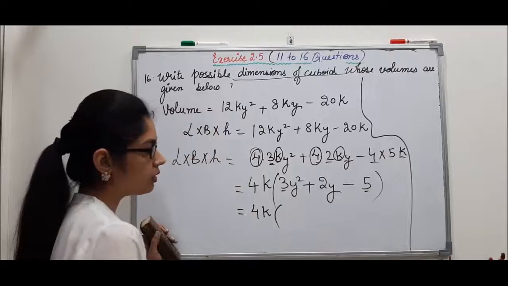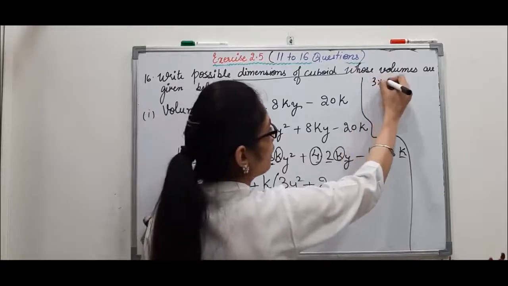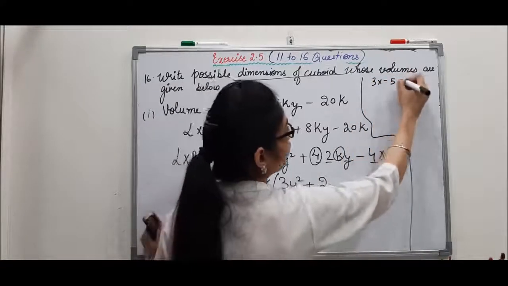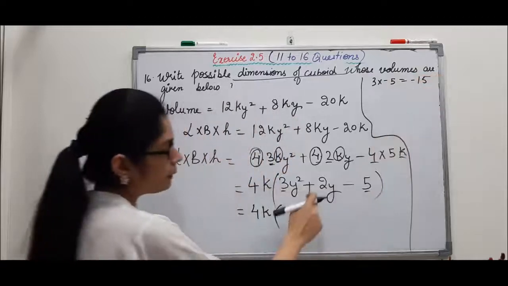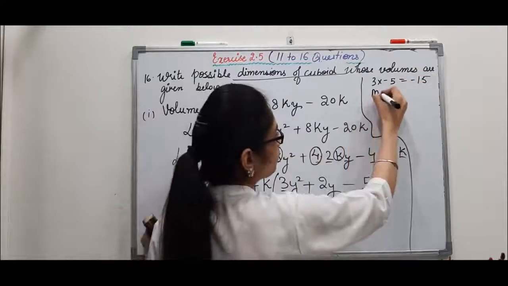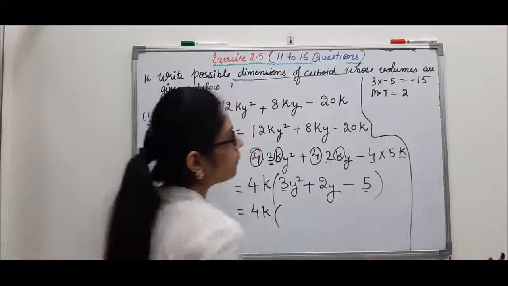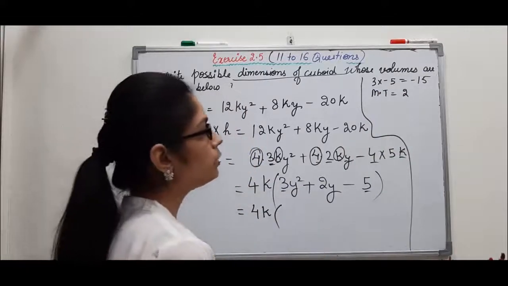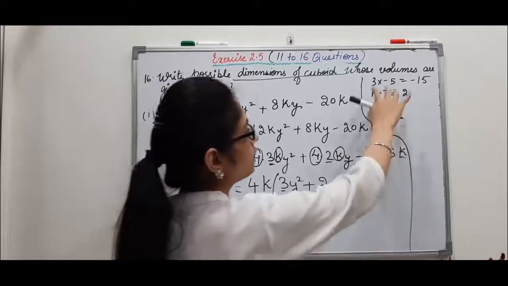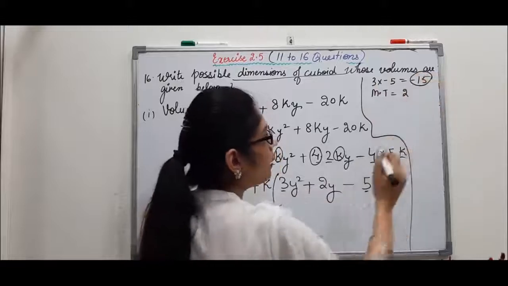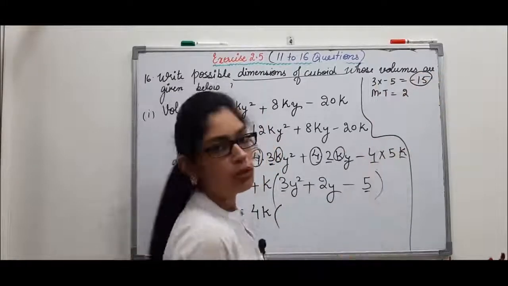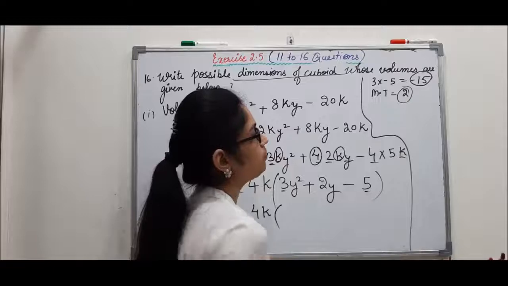The product of first and last term is 3 into minus 5, which is minus 15. Now the middle term is 2. We have to split the middle term in such a way that its product should be equal to this number and its addition or subtraction should be equal to this.